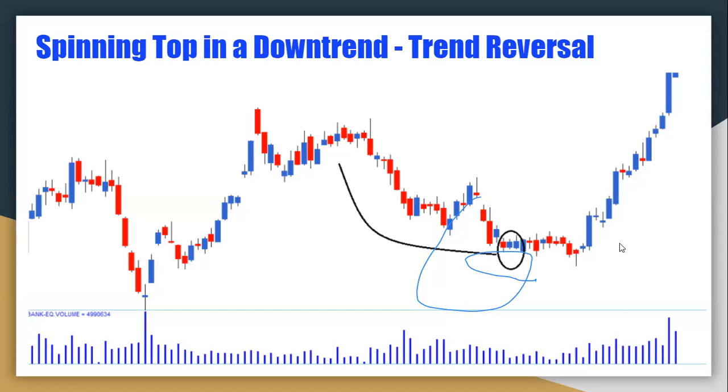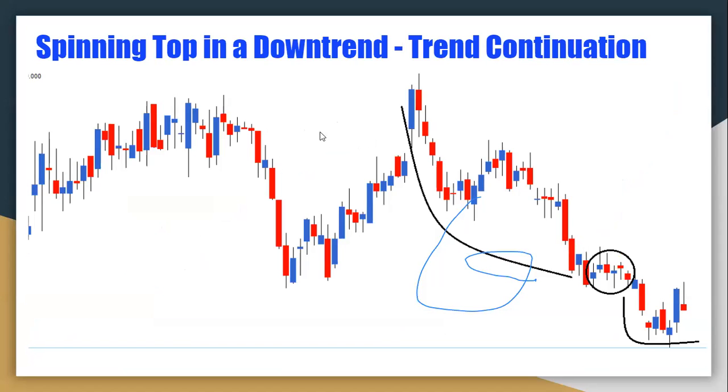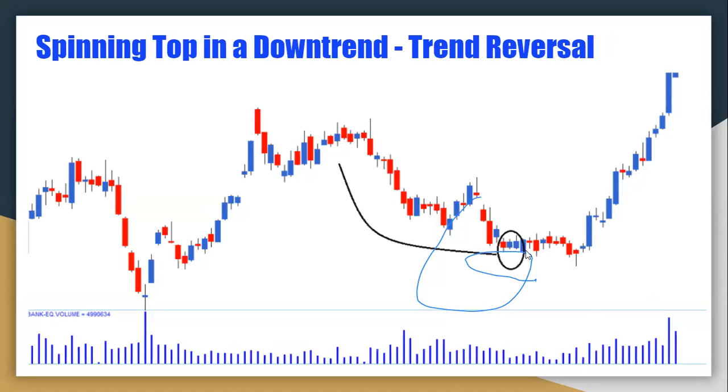Now let us look at another example. In this case, this is a downtrend, then there is consolidation with spinning tops, and then this consolidation is again followed by another downtrend. In the previous example, we saw that a spinning top means uncertainty in the market. Market participants are not sure whether prices will go down or up.